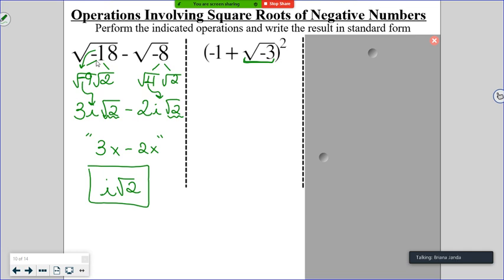There is no perfect square that goes into 3. So the square root of 3 will not change. But instead of leaving it as the negative inside, I'm going to slide that negative out front and call it i square root of 3.